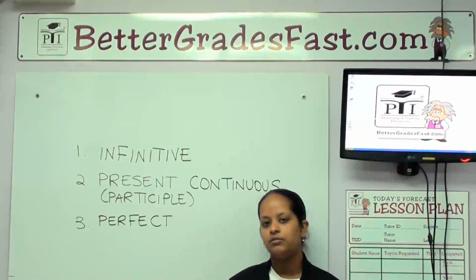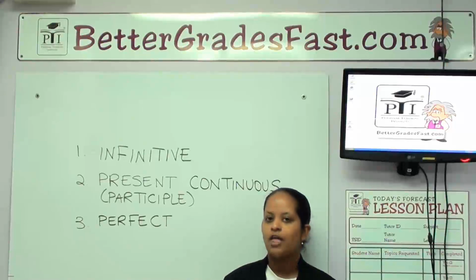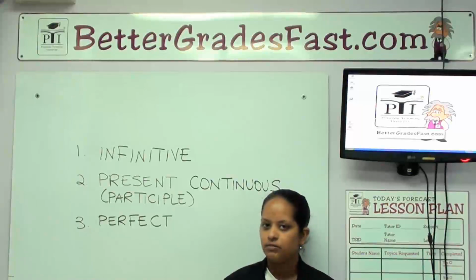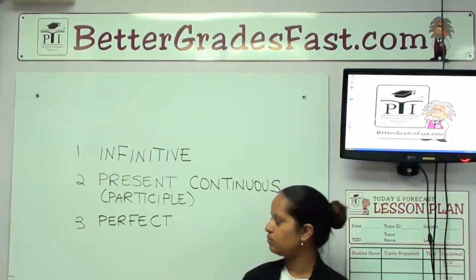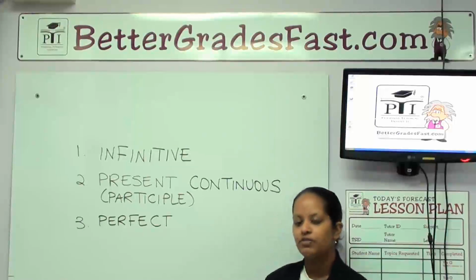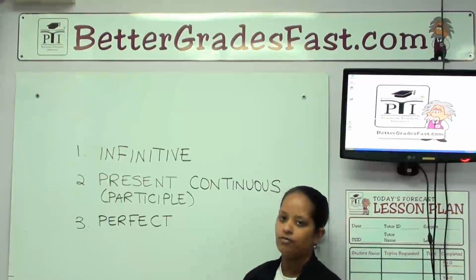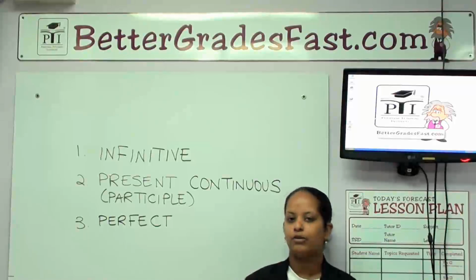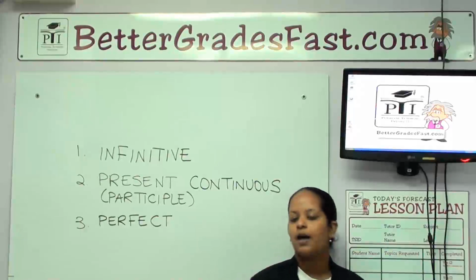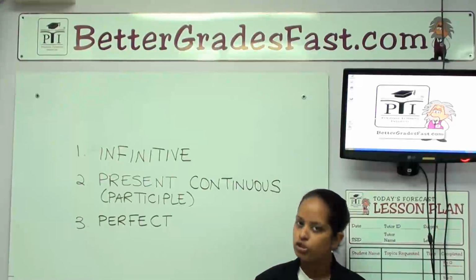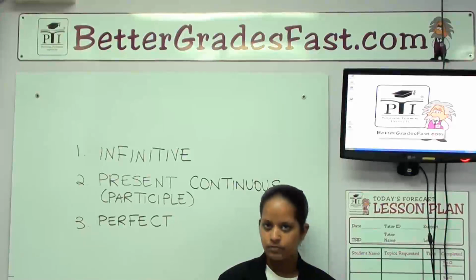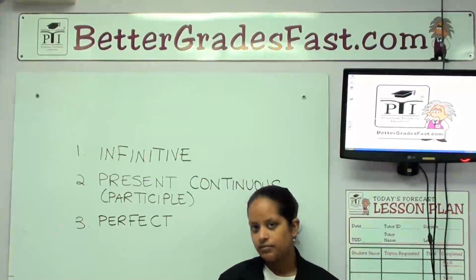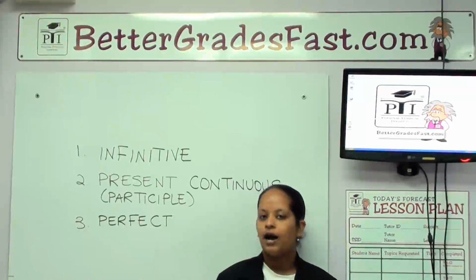For example, she is singing, they are playing, I am bathing. Finally, your perfect tense has to have a helping verb coming from to have and a past participle usually ending in en. For example, we have spoken, they have written, I have eaten.